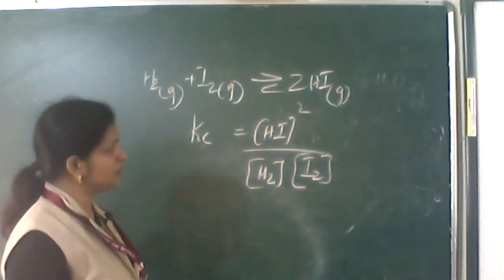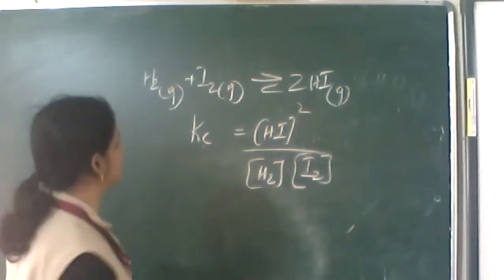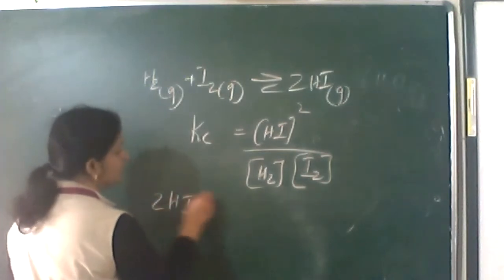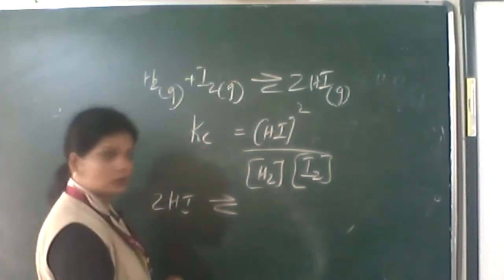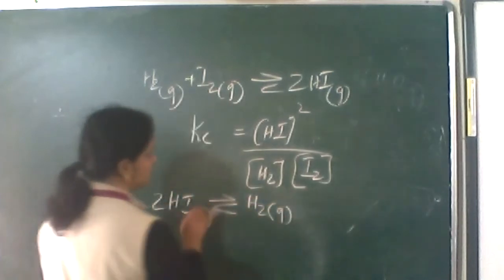Now you consider its opposite way, that is decomposition of HI to H2 and I2. That is 2HI in equilibrium. We started with 2HI and we got H2 gas and I2 gas.